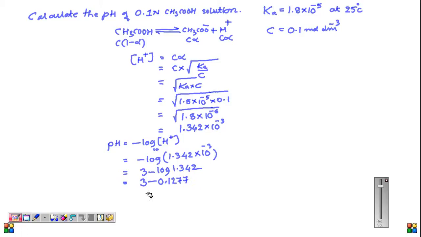That is equal to 3 minus 0.1277, that is equal to 2.8723. This is the pH of the 0.1 N acetic acid solution.